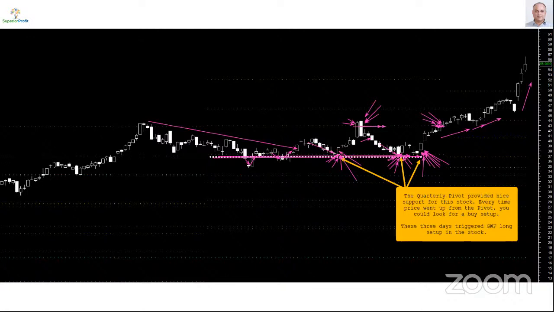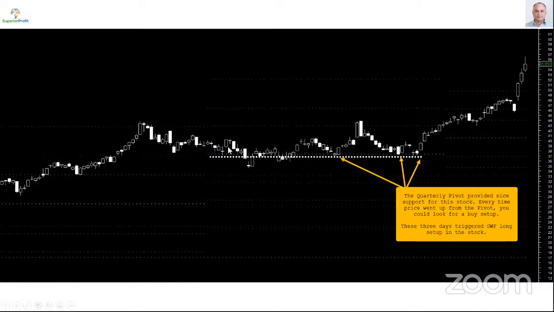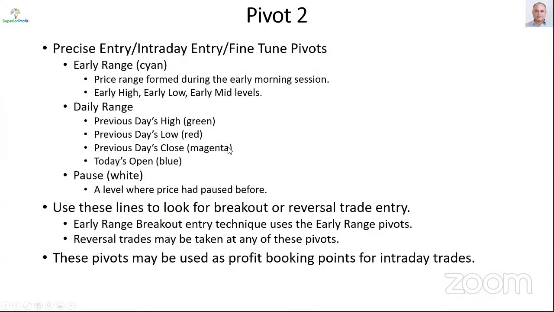Let's look at some more examples of intraday pivots. The intraday pivots are available in the template we call precise entry or intraday entry or fine-tuned pivots.